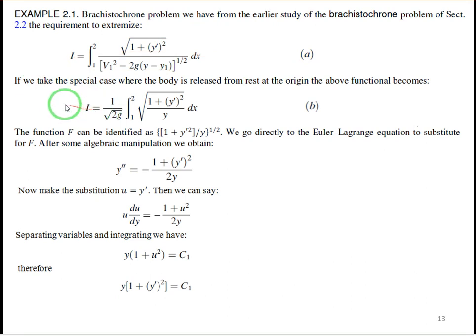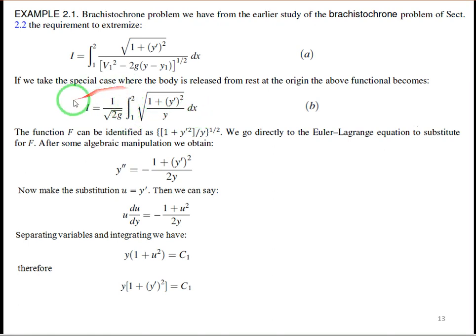In this equation, as you can see here, I is equal to 1 over the square root of 2g, all of them multiplied by the integration from point 1 to point 2 of the square root of 1 plus y dash squared, all of them over y, dx.